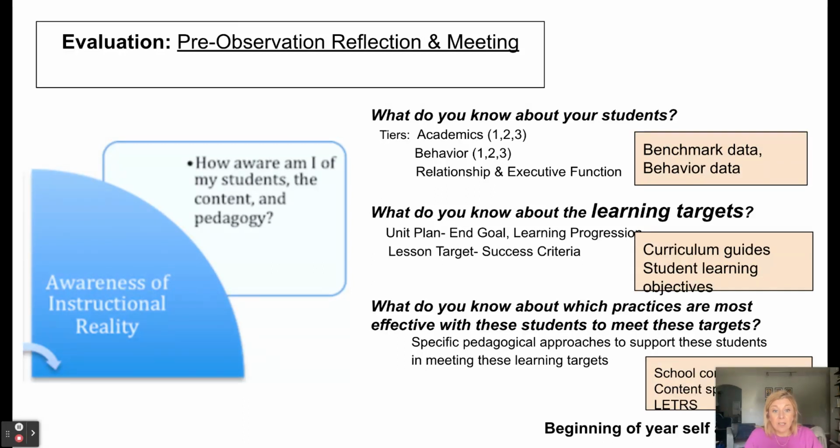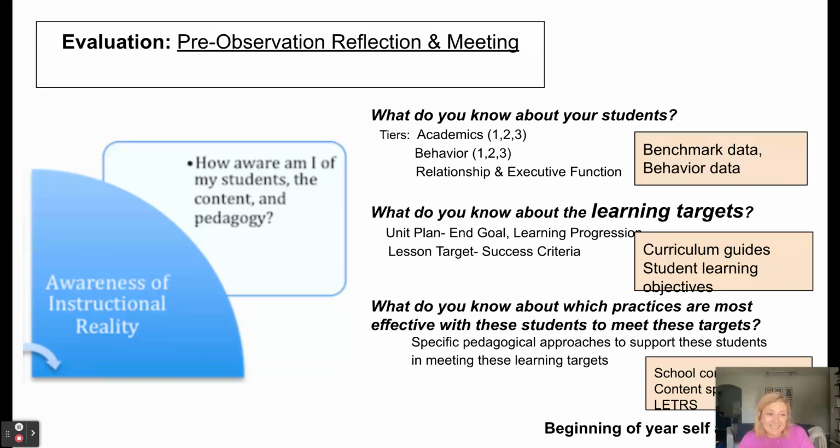That a teacher is able to accurately identify what the learning target is for that particular lesson and how that fits into the overall unit, and then grade level standards or expectations. And finally, the most important part is that the teacher is aware of instructional strategies that are most effective in supporting students in their learning and meeting those targets.